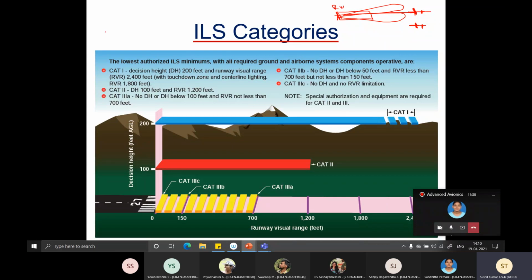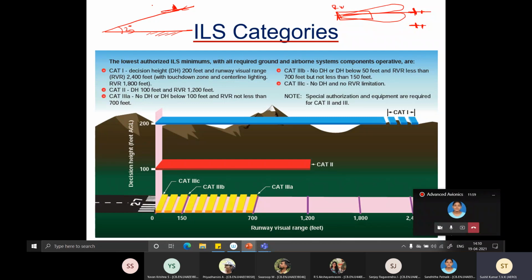On the longitudinal plane, we had the glide path. So this is the ground, and you have some 2 degrees or 3 degrees glide path. You want the aircraft to come in at a predetermined glide angle. So this will be around 2 degrees, 2 or 3 degrees mostly.